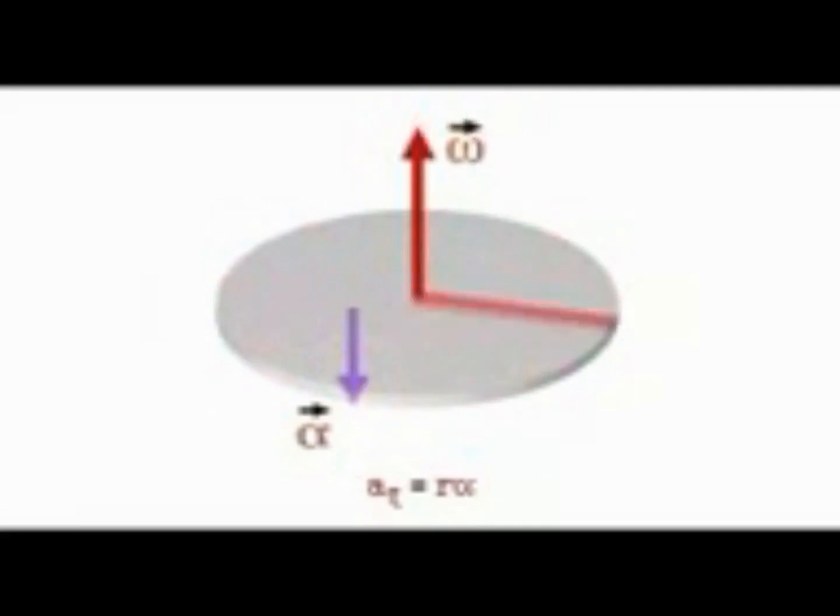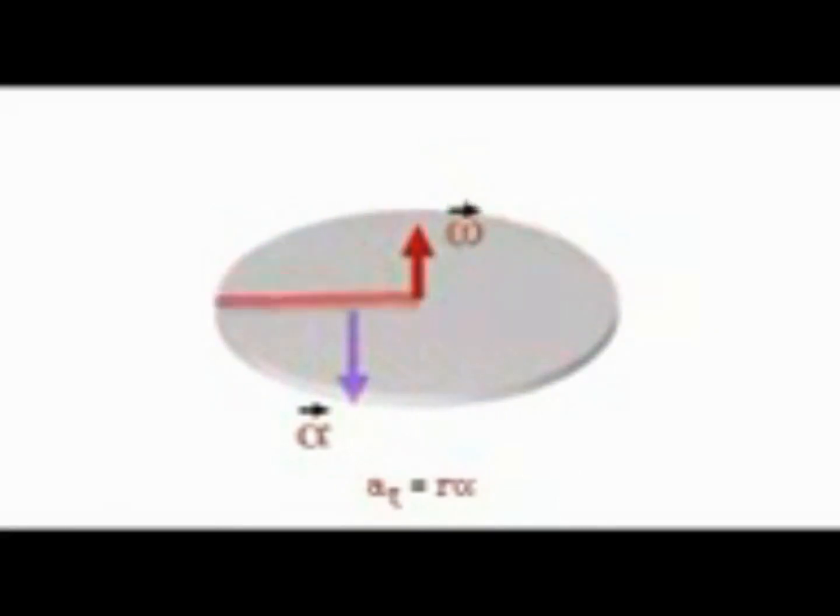Omega is still pointing up, still following the right-hand rule, but alpha is now pointing down, because since it's slowing down, that would be a negative acceleration or a deceleration. And so alpha points down as the disk moves more slowly until it finally stops.